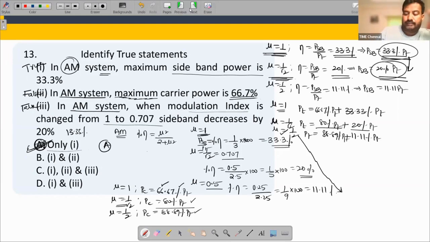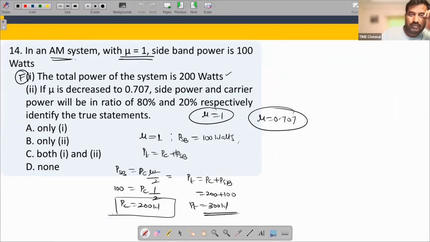Can anyone tell me why that is wrong then? Yes, correct.